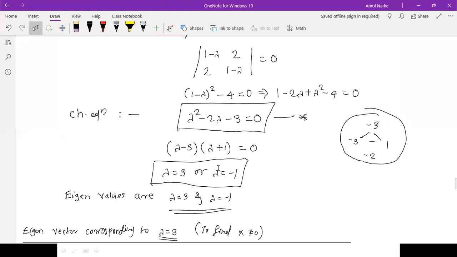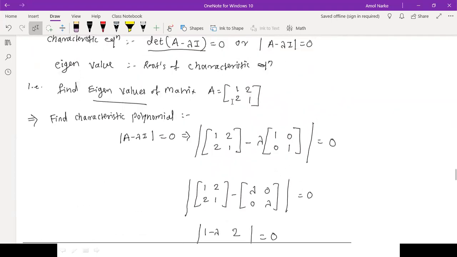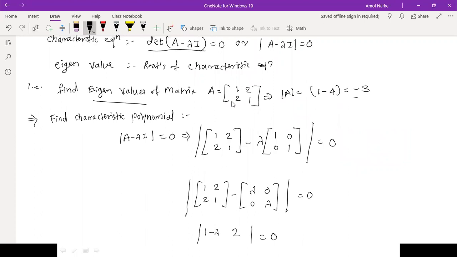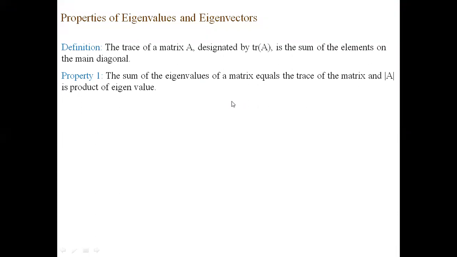Here, the product is minus 3. Let's find out the determinant now. So what is the determinant of A? 1 minus 4. What is 1 minus 4? Minus 3. Got it? So the determinant is nothing but the product of eigenvalues. Got it everyone? Those 2 remarks?